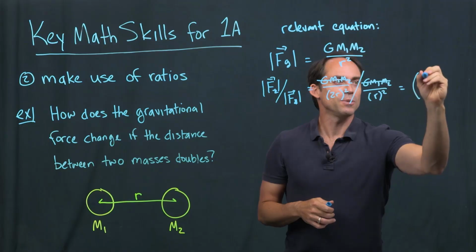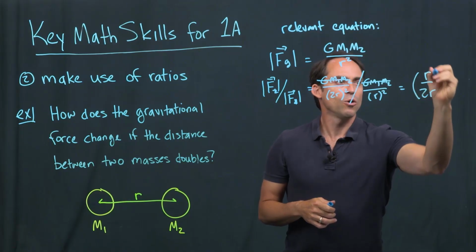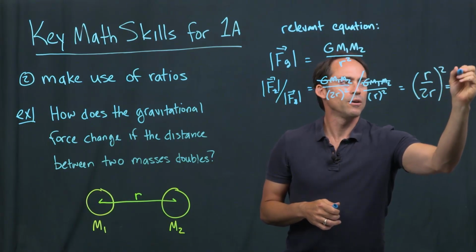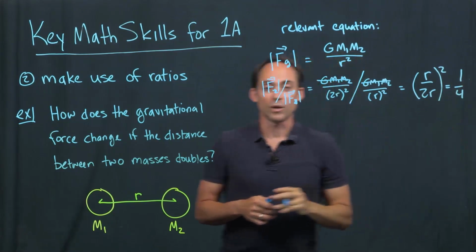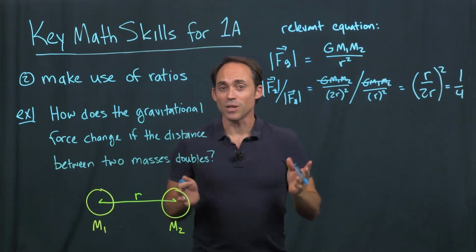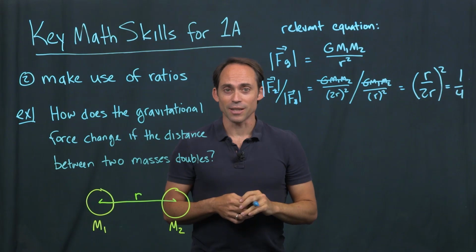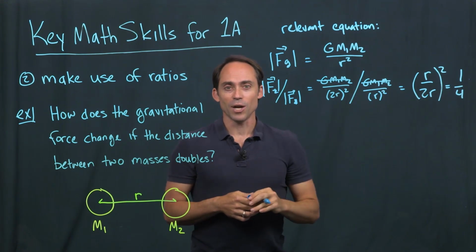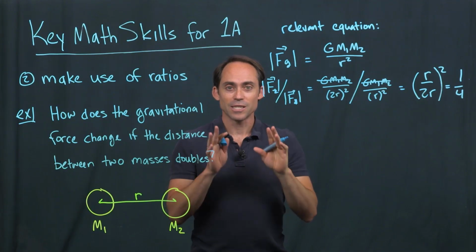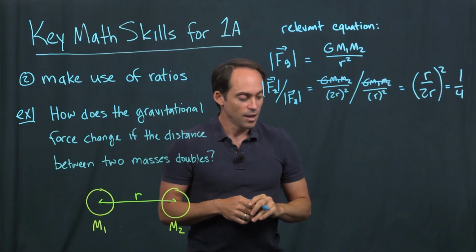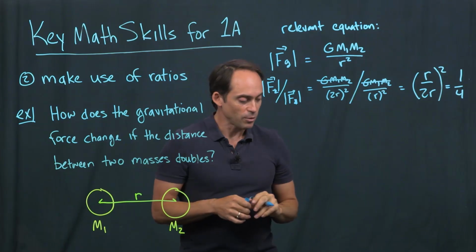That ratio is going to be r over 2r squared, or simply 1/4. So I didn't have to do a lot of math in the end in order to calculate the ratio between these two forces. I just simply had to write out my equation so I can look at just the variables that are changing. Here's another example that uses more than one variable.